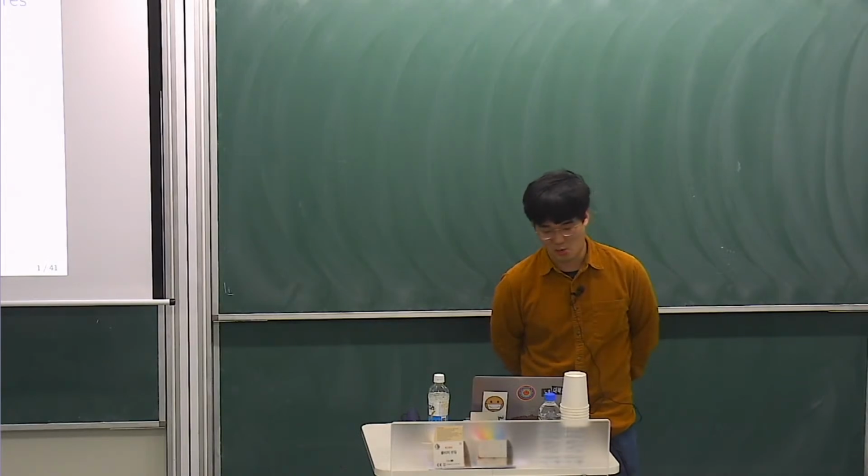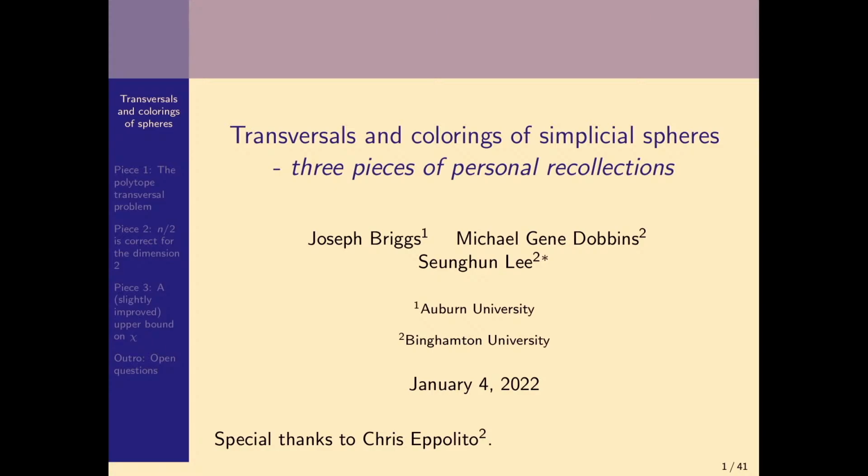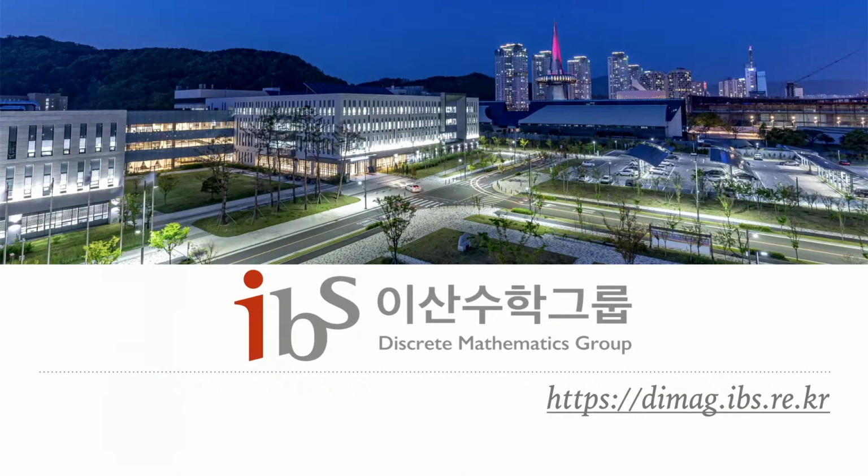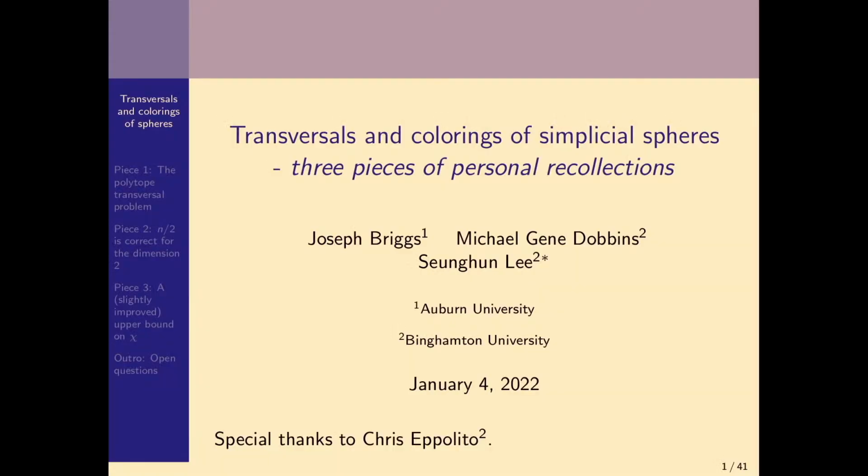There were many people involved in this, not only these three people, but many people. But for the results concerned in this presentation, these four people, including me, are the main characters.